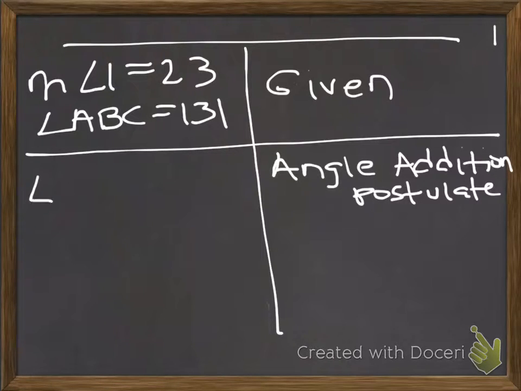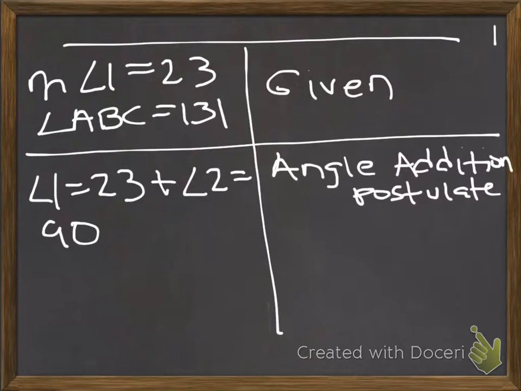So we have angle 1 equals 23 plus angle 2, which was 90, plus angle 3 equals our total, or angle ABC.